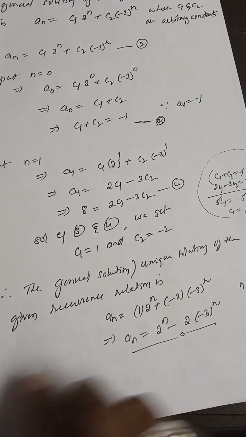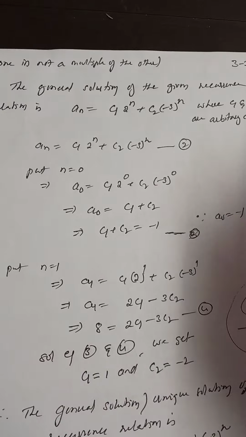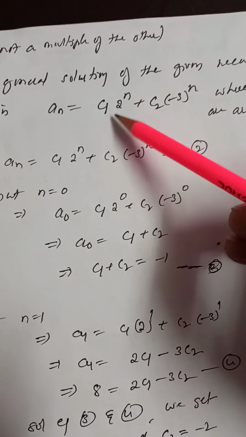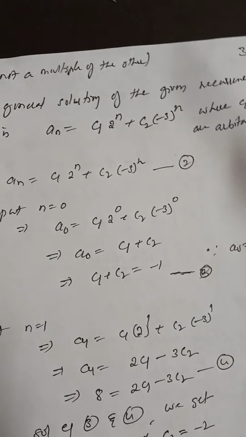These are the two linearly independent solutions. Our aim is to find the general solution. The general solution is an is equal to an arbitrary constant into the first root power n plus an arbitrary constant into the second root power n.